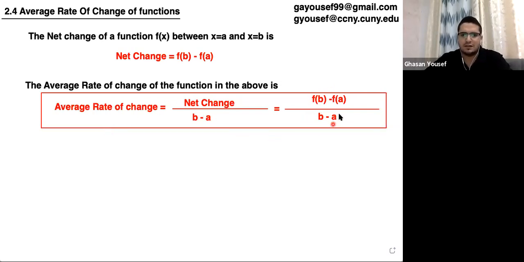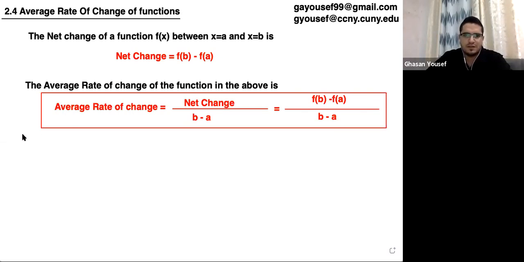It's similar to the formula of the slope, y2 minus y1 over x2 minus x1, but the average rate of change is the slope of the secant between 2 points on the graph of the function.